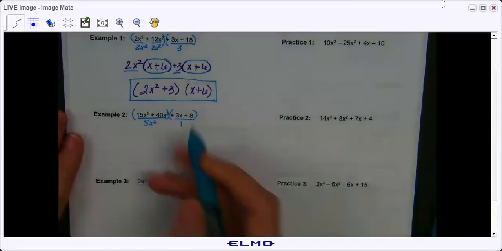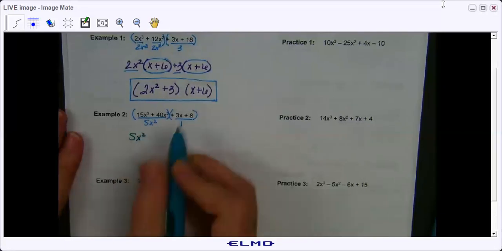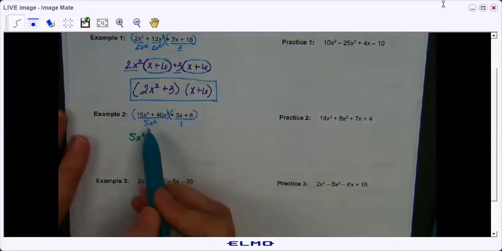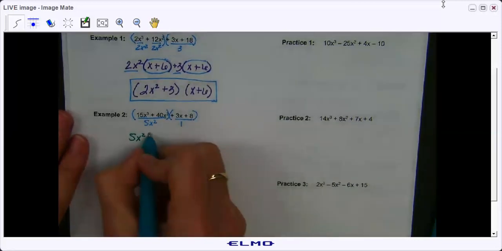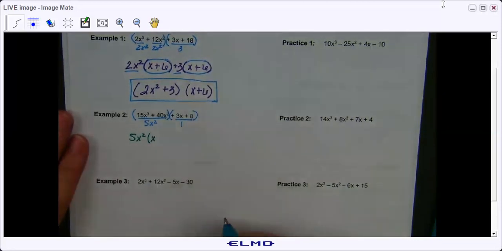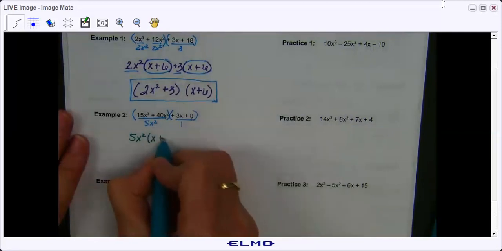Let's go ahead and write this out. We have 5x squared is our greatest common factor. And when we divide 15x cubed by 5x squared, that gives us 3x. Oops, I messed up over here. And then 40x squared divided by 5x squared gives us 8.